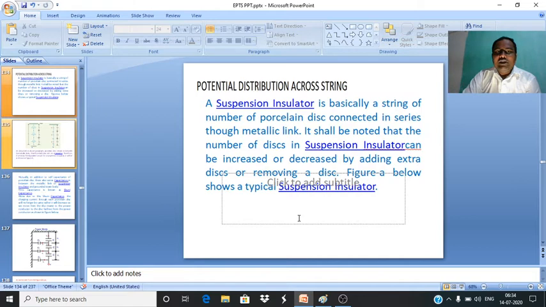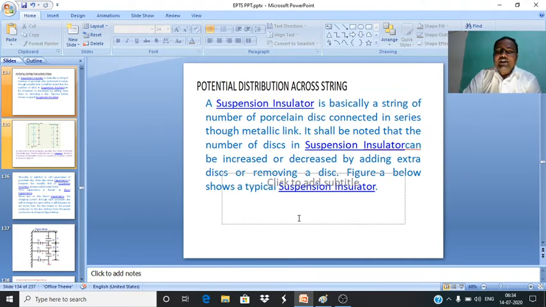If the potential distribution across the string is not maintained constant, there is damage to the insulators. There is more chance of damage to the insulator nearest to the conductor.